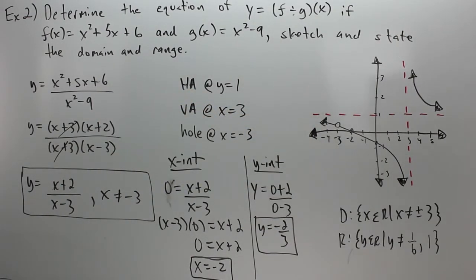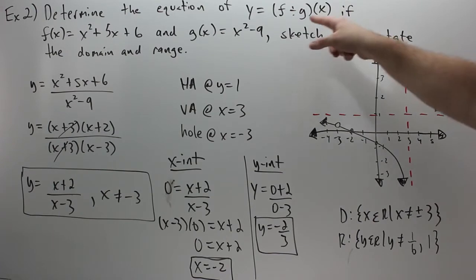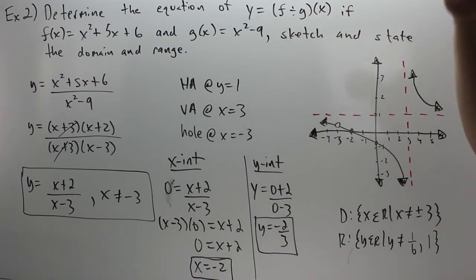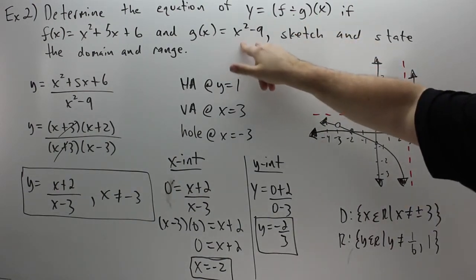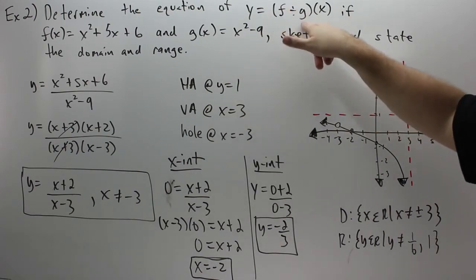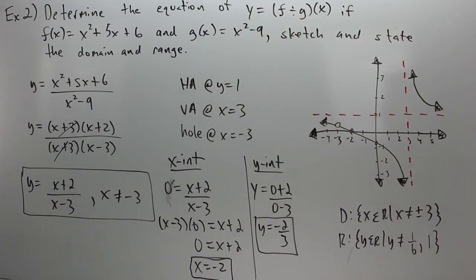And the domain is the overlap, with the exception that whatever is the second thing being divided, the denominator, we also have the restrictions for whatever x values would give us a y value of 0. So in other words, the roots of the denominator are also restrictions. All right, thanks.